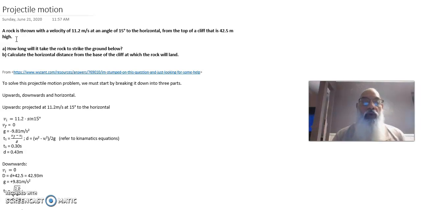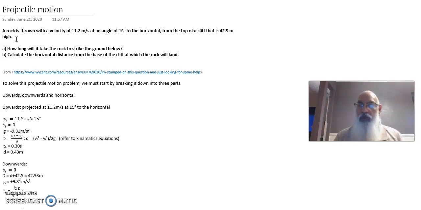In order to solve the projectile problem, we have to break it down into three parts. One part is the horizontal motion. Another part is the upwards vertical motion, and then the third part is the downwards vertical motion.